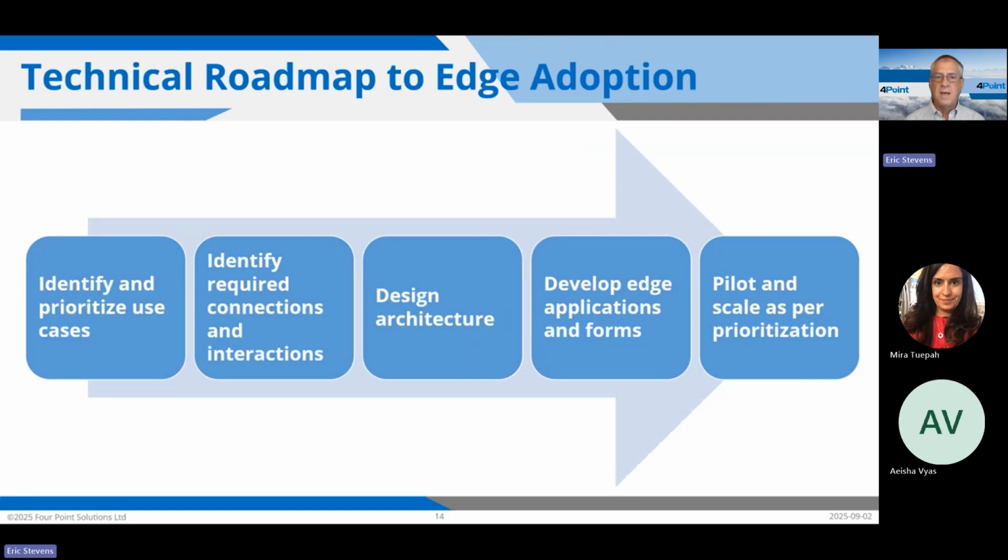Maybe we just take the simple forms and put those up so that we can demonstrate the value associated with it. However, the prioritization is going to be up to you and the factors associated with what you're going to be doing, but consider looking at simpler use cases to prove the capabilities and to prove the value associated with it. Once people see simple forms, then they start to look and go, well, why can't we do the more complex? We can, it's just a little bit more effort.